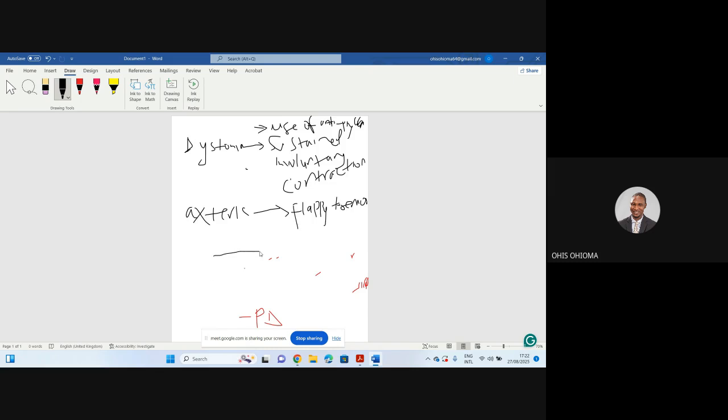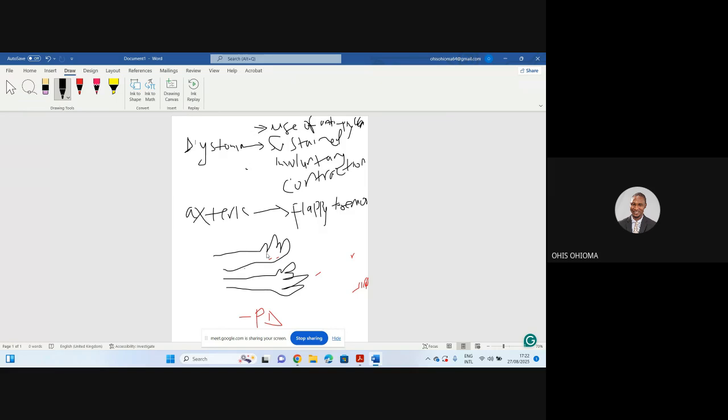So the patient stretches his two arms out. I'm sorry, guys, my drawing is very bad. What happens in asterixis is that you tell the patient to stretch his hands out, and you tell him to dorsiflex the hands. Dorsiflex means that he points his fingers upward.